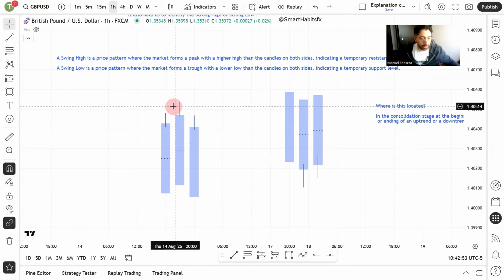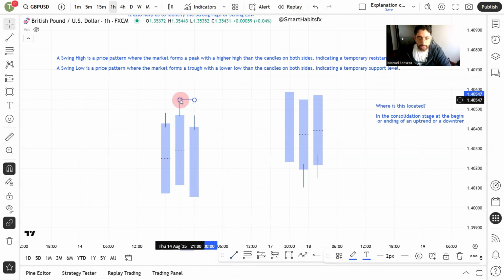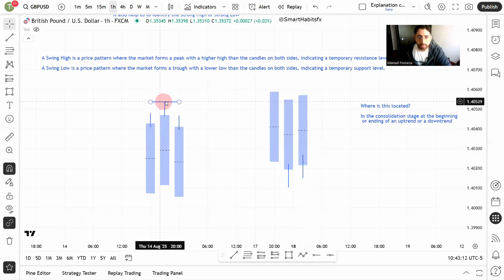The highest part, this middle candle, creates a kind of resistance level. I don't like to call it like that, but it's formed. So it's the highest part, correct? And then the other candles on both sides are lower than it, okay? And now, the peak or the higher high, this is called the swing high, right?